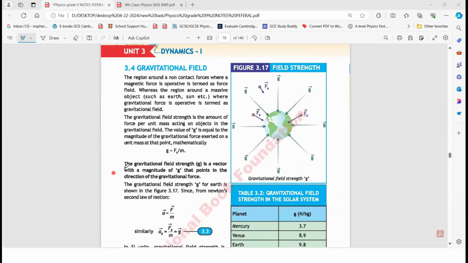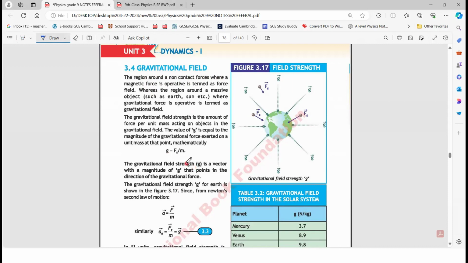Then the gravitational field, it is measured as F equals mg. The region around a non-contact force where a magnetic force is operative is known as a force field, whereas the region around a massive object where the gravitational force is operative is known as a gravitational field. Just like around a magnet a field exists. Field force we basically define generally as an area or space around an object in which it could apply force on other like bodies.